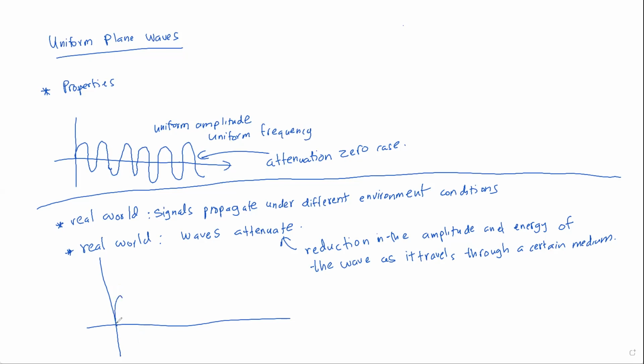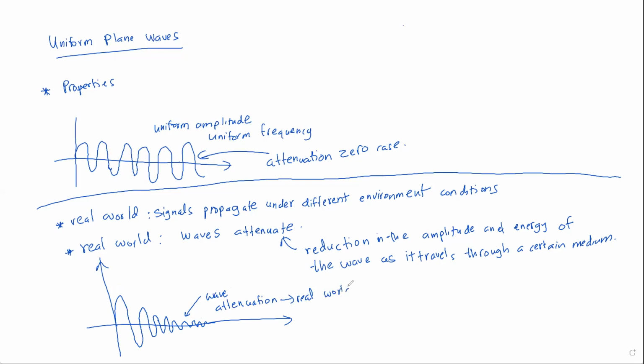So the wave amplitude will start with a high amplitude. With the time, it will decrease along the direction of the wave propagation. It will sometimes reach a value very close to zero. So this is the wave attenuation that will happen in the real world. So wave attenuation that we can observe in the real world scenarios.